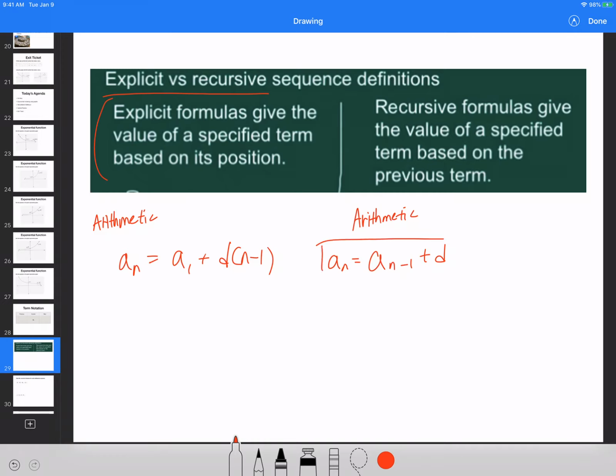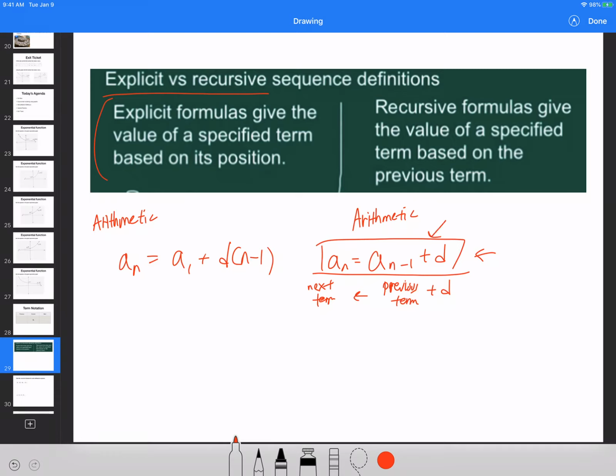What that means is some of you guys already had this format in your homework and quiz. You're going to take the previous term, and then you're going to apply the common difference d, and then it will get you the next term, right? So in a nutshell, it's easy to understand.